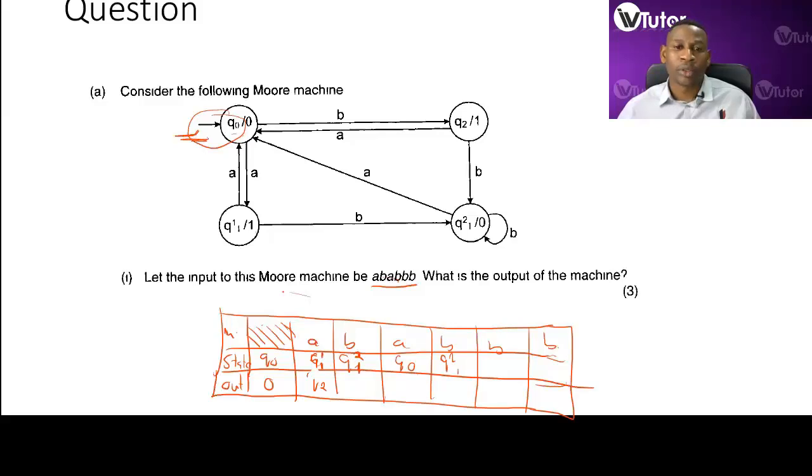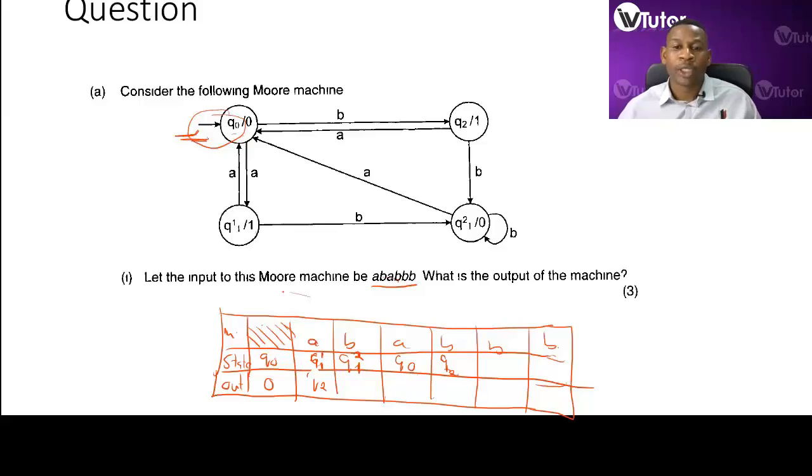So this was Q0, and you encounter a B. It's Q2. Q0 and you read a B, go to Q2.